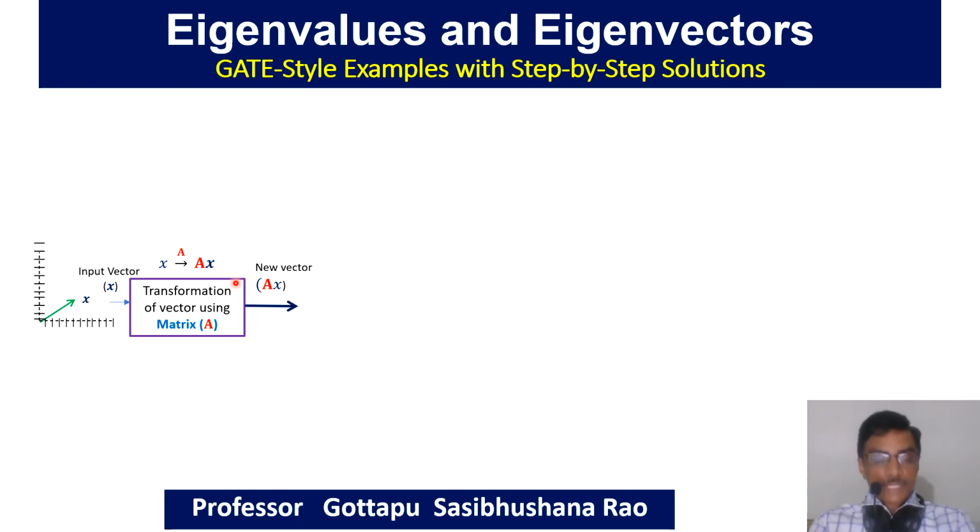Under this transformation, a vector may behave in two ways: as a general case, or as a special case called an eigenvector.